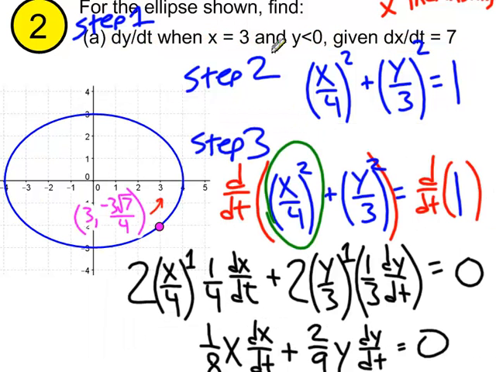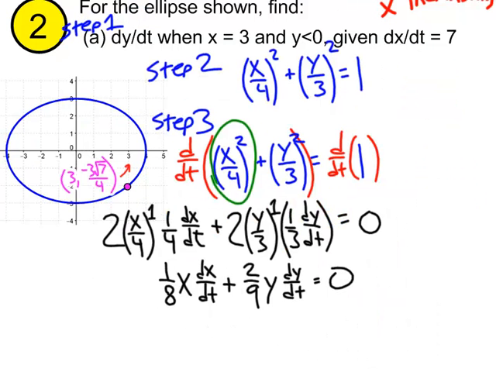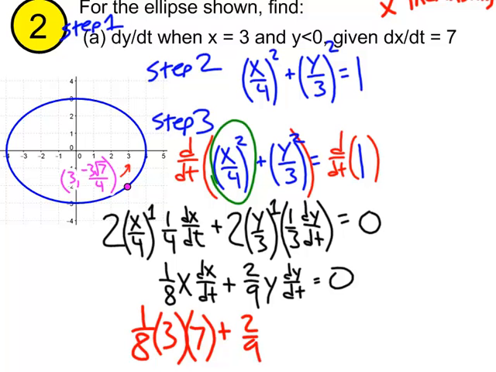So running out of room here, but let me shrink this down. There we go, and let's start plugging in. 1/8 x, we'll use that x value of 3. dx over dt, that was given to us, that's 7 there. Plus 2/9 times the y value. And again, that's something that you could have solved for.